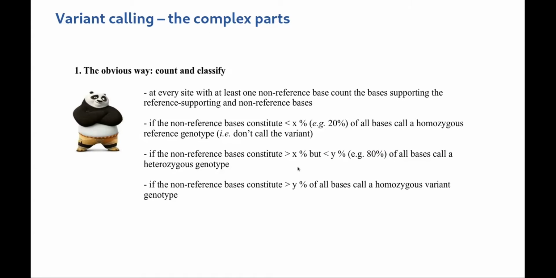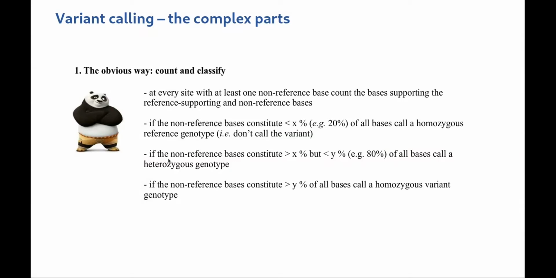If it's intermediate, let's say the non-reference base constitutes more than those 20%, but also less than another second threshold of 80%, then we call a heterozygous genotype, meaning we assume that this intermediate finding is because one of the two copies in the diploid genome carries the variant allele, the other one doesn't.